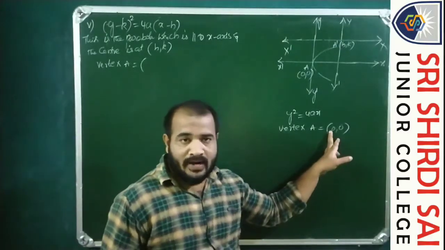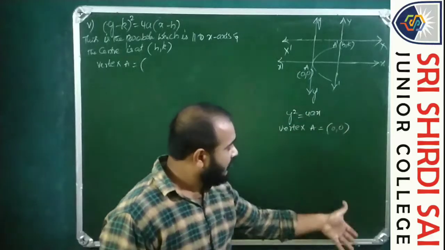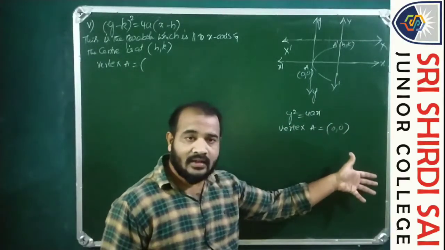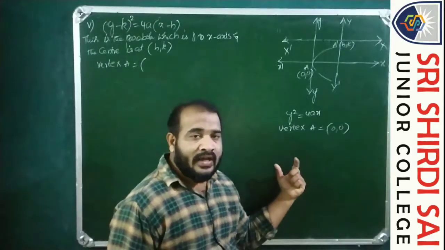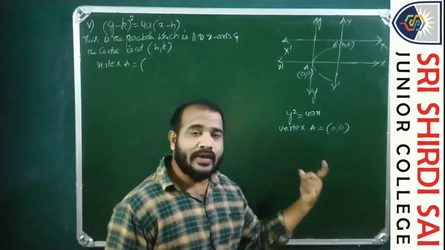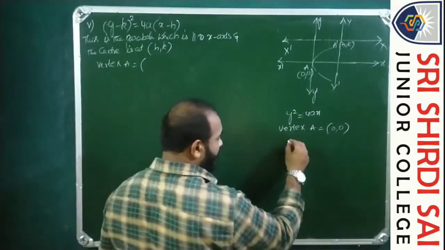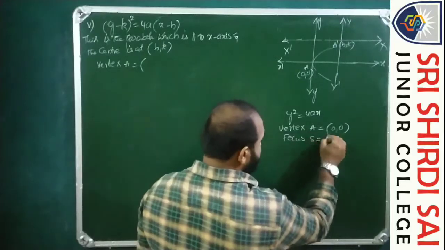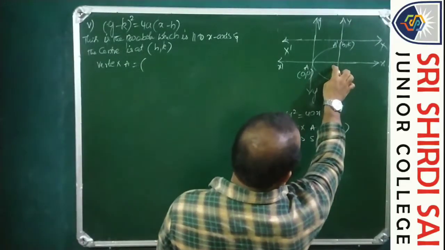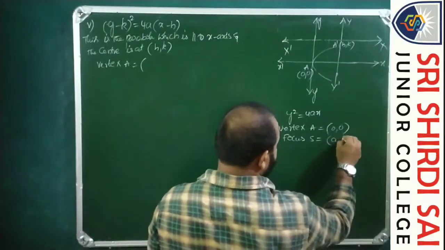Just bear in your mind that whatever we had for y square equals to 4ax, to the x coordinate h will be added, to the y coordinate k will be added. So let us write first. Vertex A is this. Focus S is equal to a comma 0.